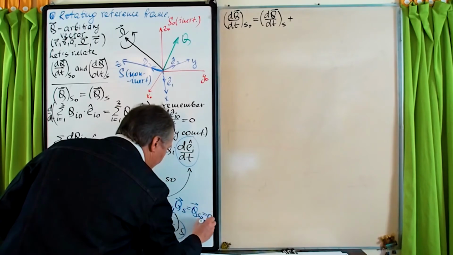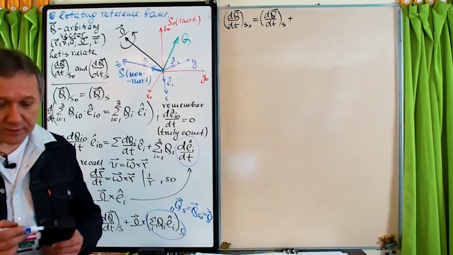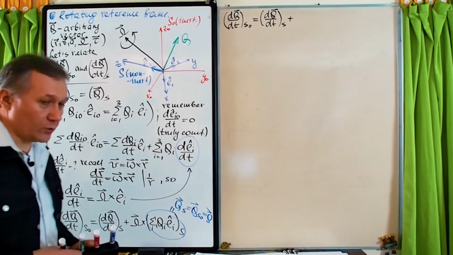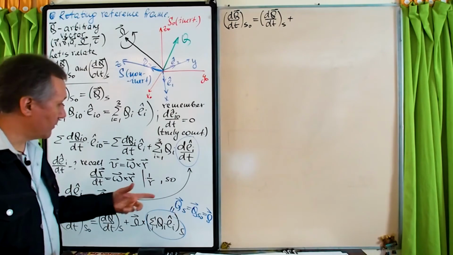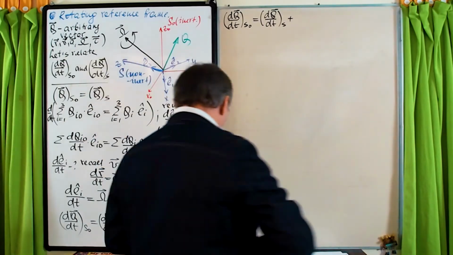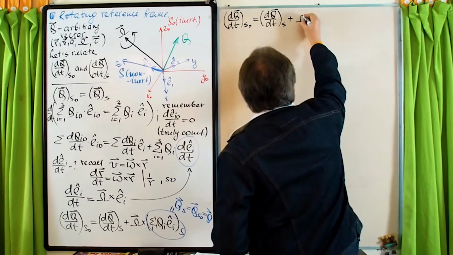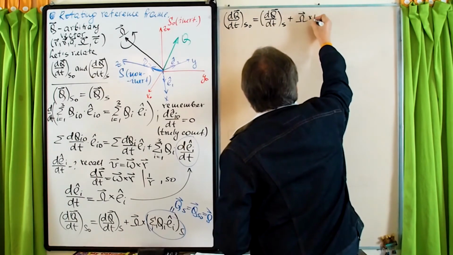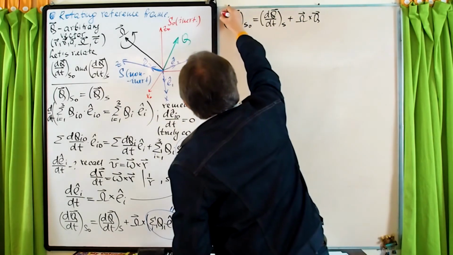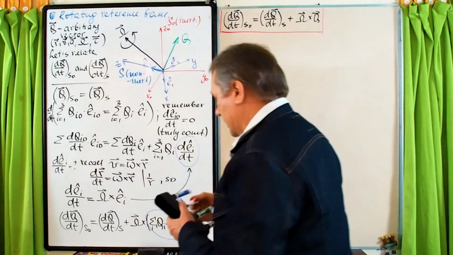So I will just write it as q, because the vector itself, any vector itself, it doesn't matter which reference frame you use to describe it. So now over there I will omit that subscript. So it will be omega crossed with q, right? So that's our formula which relates time derivatives.